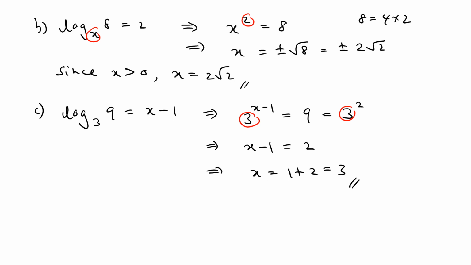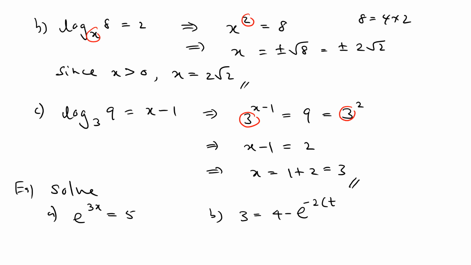So let's also solve some exponential equations. So let's say the next one is, this is solve. So the first one is e to the 3x equal 5, and the second one, let's say 3 equal 4 minus e to the negative 2 t minus 1.